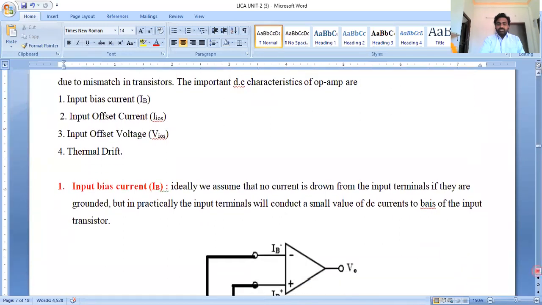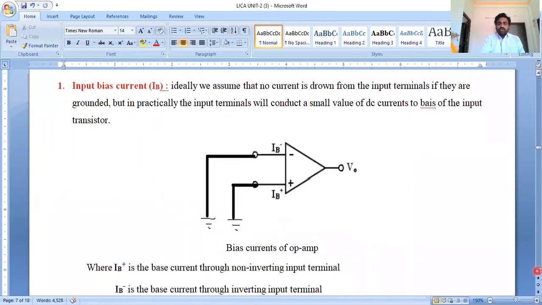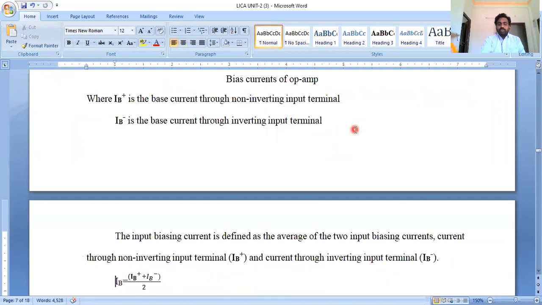If both the inverting and non-inverting terminals are grounded, there is no voltage applied, but a certain amount of biasing current is present at the inverting and non-inverting terminals. These biasing currents create a certain amount of mismatch or disturbance in the operational amplifier. This causes the DC characteristics of the operational amplifier.